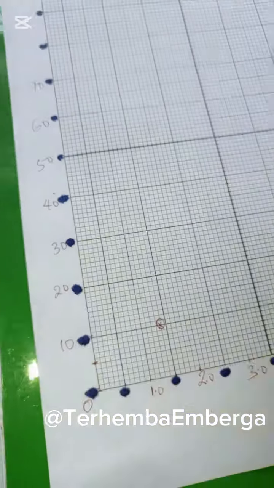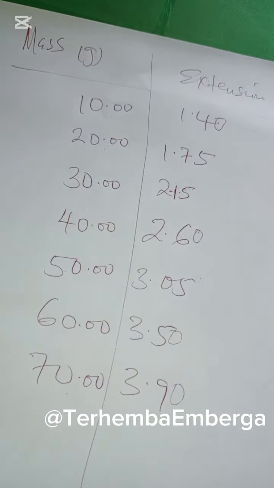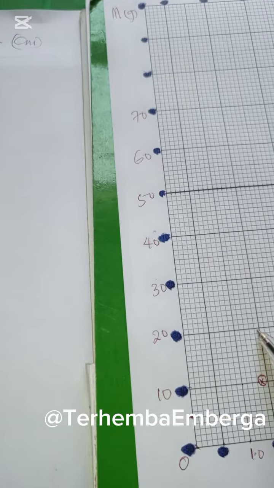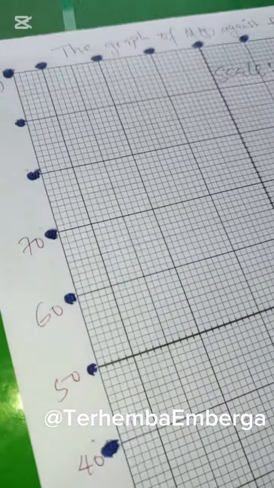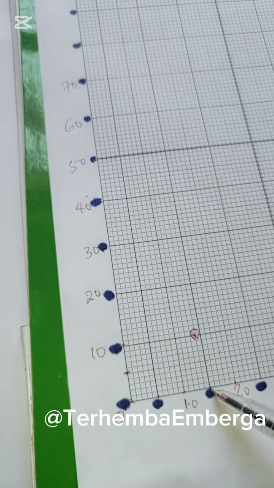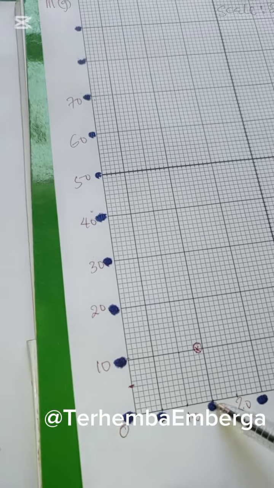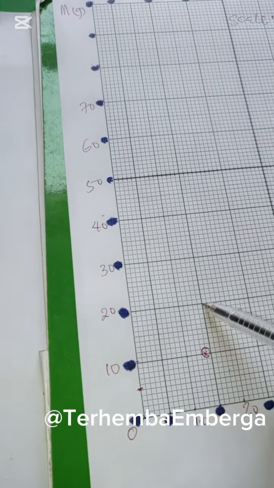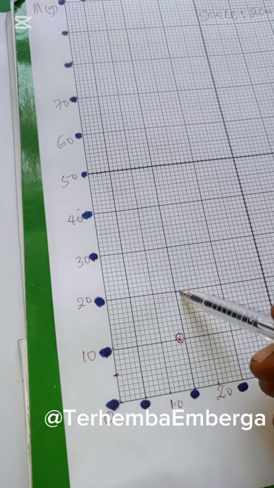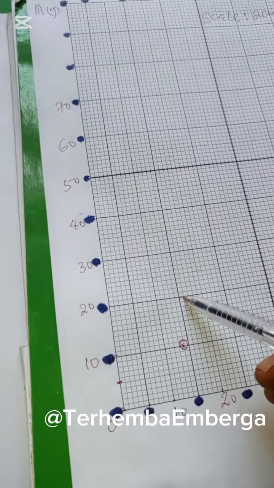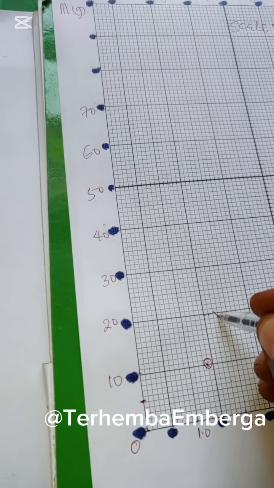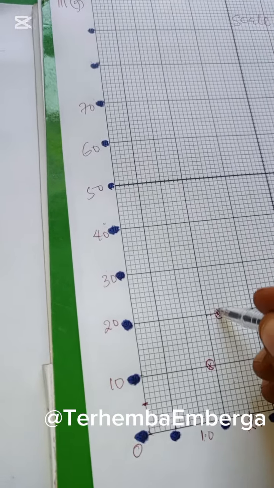The next one is 20 against 1.75. On the m-axis is 20. This is 1.5. This is 1.6. This is 1.7. And 5 will be at the middle.